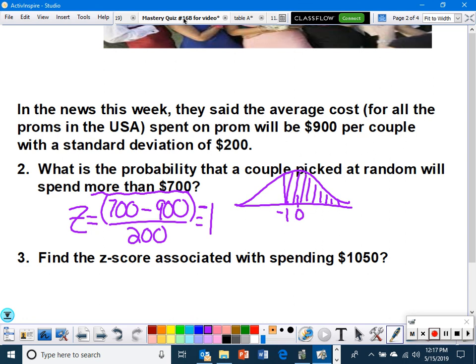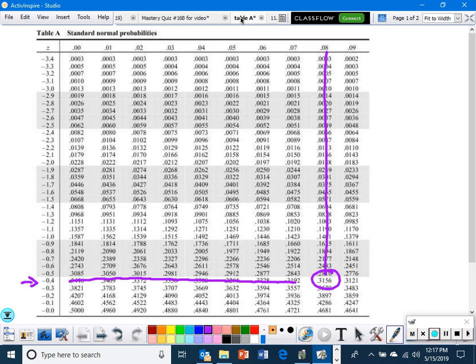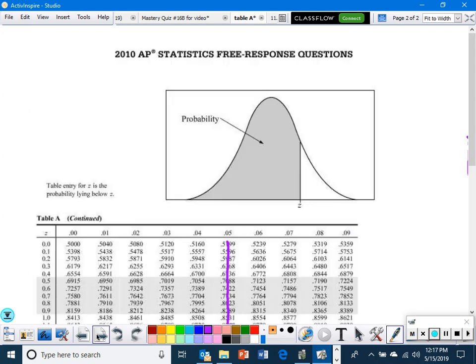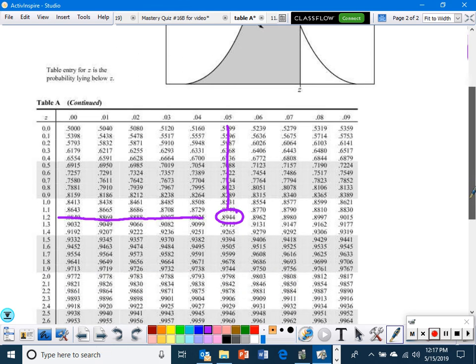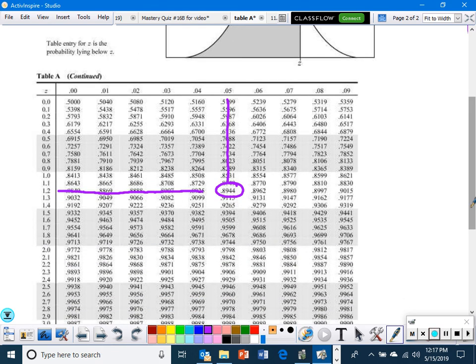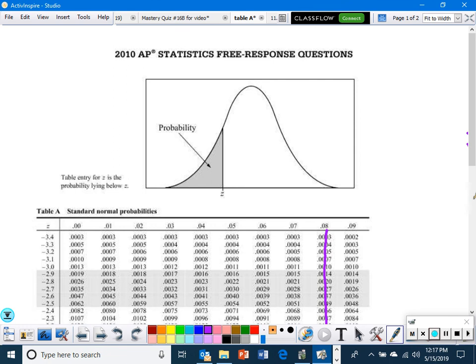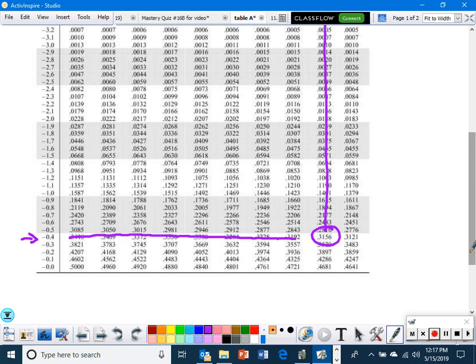So the probability is 84.1%. Now you could look at it on the table also. Okay, if you go to the table, however, remember the table only gives the values to the left. So if I go to the negative 1 on my table, the negative 1 is right here, and I would end up having to take 1 minus that, and that should give us pretty much the same answer.